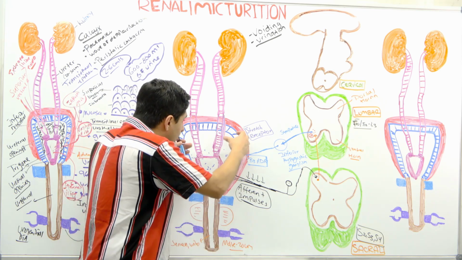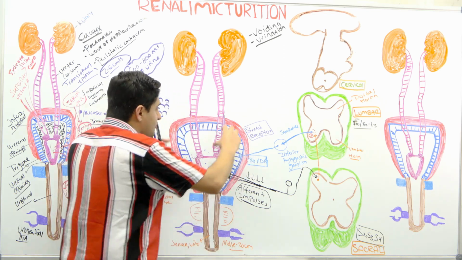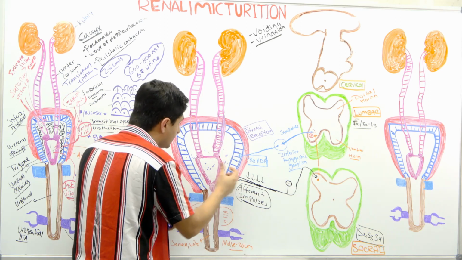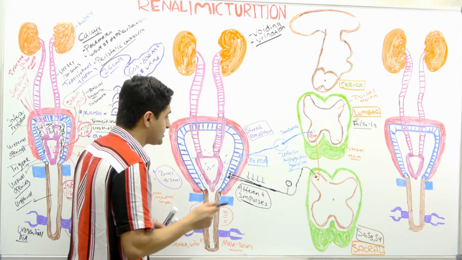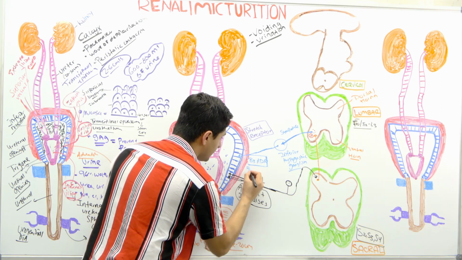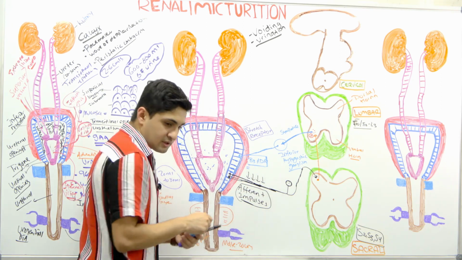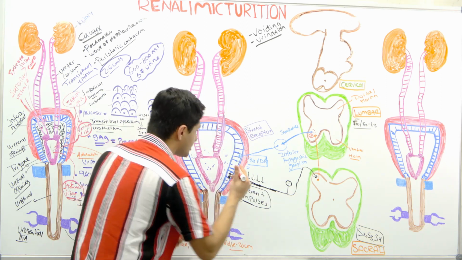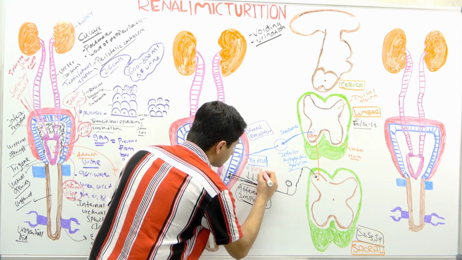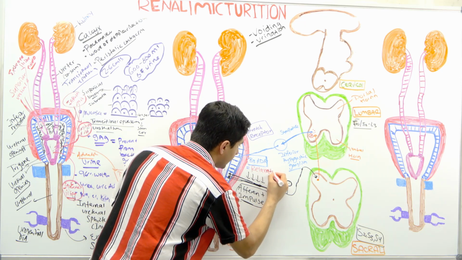So the ultimate result is that there's a relaxation of this detrusor muscle. Let's write it down in red: relaxation happens. And that's what we want to happen right here, right?